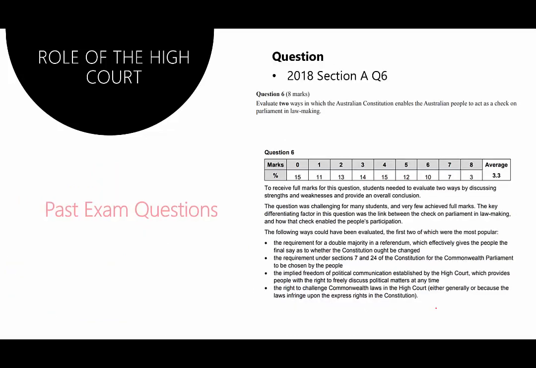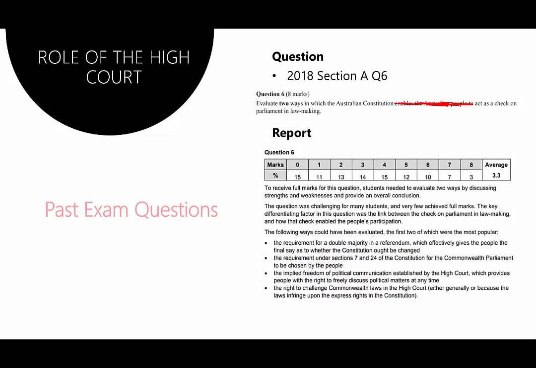Look, question 6 from 2018 covers this a little bit. It's: evaluate 2 ways in which the Australian Constitution enables the Australian people to act as a check on Parliament. I just want to show you here, if I remove this little bit and we reread that question: evaluate 2 ways in which the Australian Constitution acts as a check on Parliament in lawmaking.